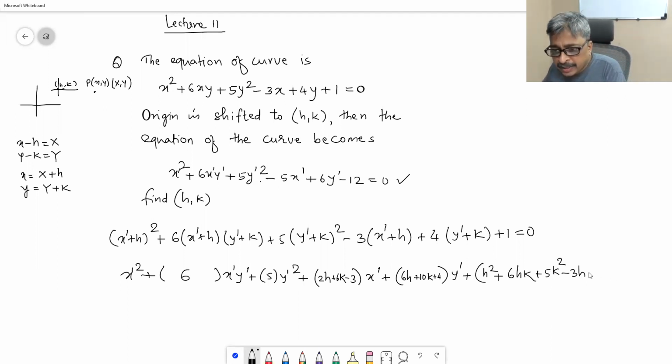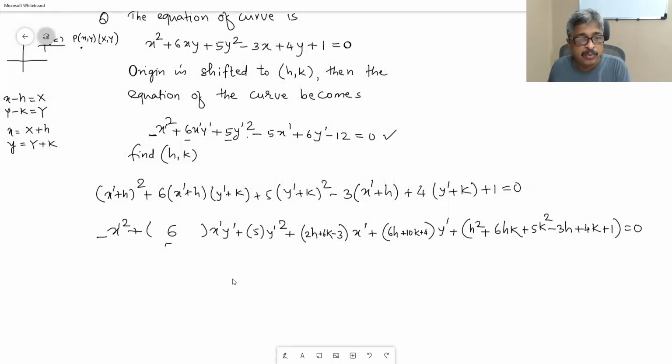Plus 4k plus 1 is equal to 0, right? So now practically this equation and this equation, they must be same. So corresponding coefficients must be equal or proportional, but leading coefficient 1, 1 same. So they must be equal. 6, 6 equal, good. 5, 5 equal, very good.